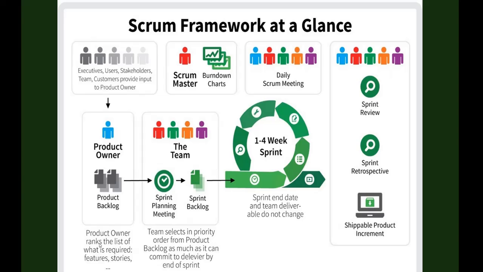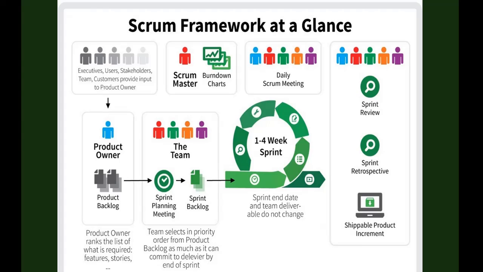Okay, so the product owner ranks the list of what is required. Then only the team members and the Scrum Master do the sprint planning and sprint backlog, and the product owner is not involved in the rest of it. And then the team selects in priority order from the product backlog as much as it can commit to deliver by the end of the sprint. So who selects the sprint backlog items?